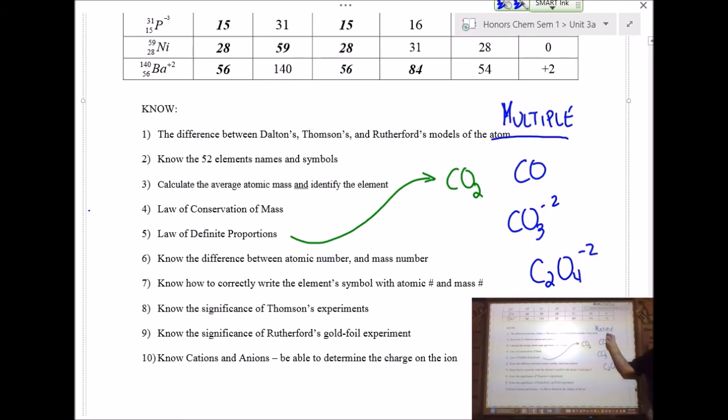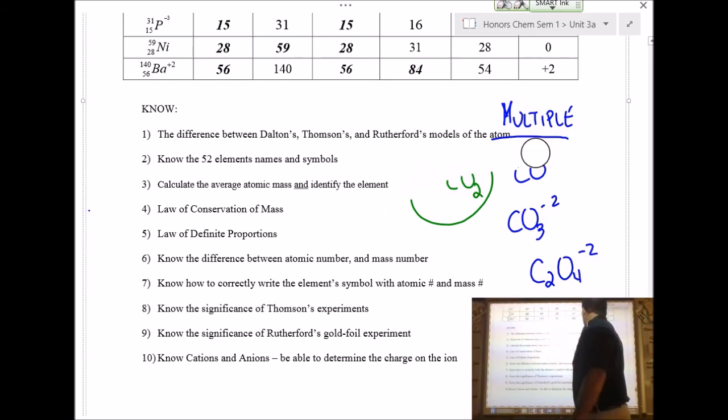So there are multiple combinations. When I talk about definite, that is definitely carbon dioxide. 1 carbon, 2 oxygen. Okay? So multiple just means that if I have carbon and oxygen, I can make a lot of different things. But definite is locked in. Does that make sense? Maybe.